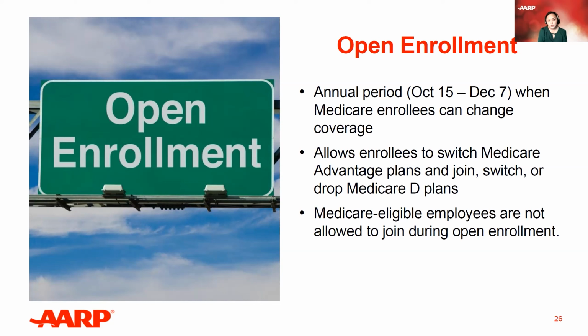Part D is calculated by multiplying 1% of the national base beneficiary premium, which in 2022 was $33.37. Take 1% of that times the number of full uncovered months that you didn't have Part D or creditable coverage but could have. And then that is another penalty that you could incur.